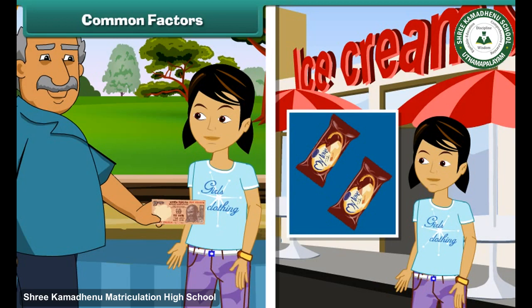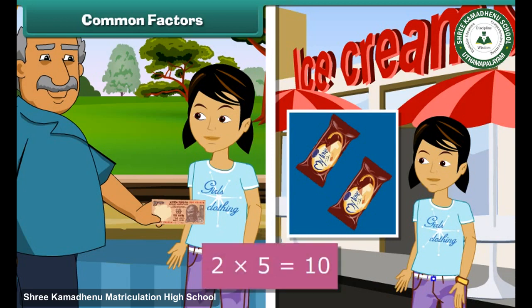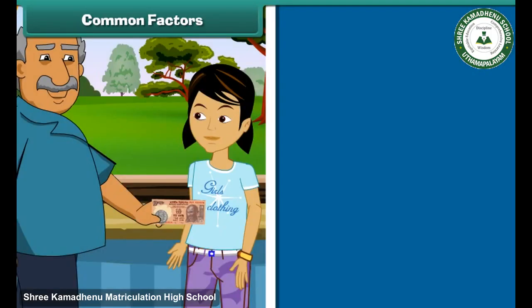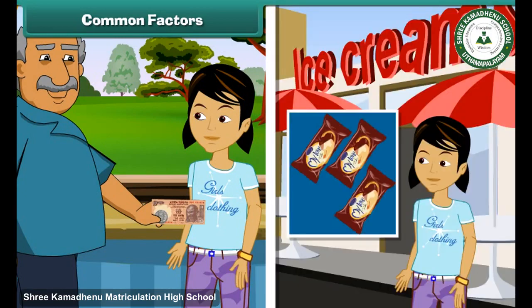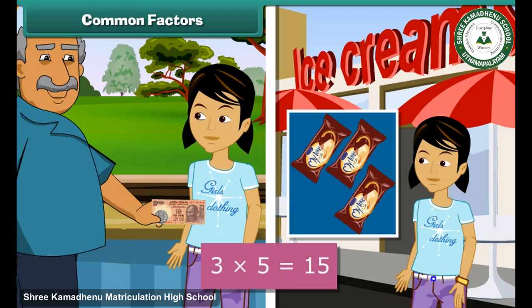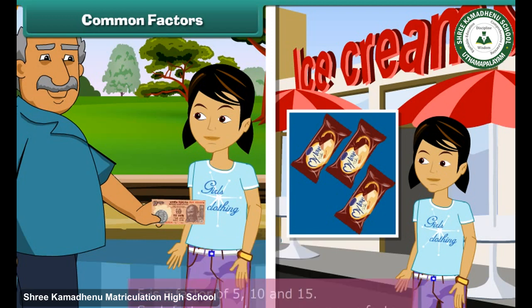We can express it as 2 multiplied by 5, that is equal to 10. Next week, he gives her 15 rupees. She decides to buy 3 orange bars. We can express it as 3 multiplied by 5 is equal to 15. It is clear that 5 is a factor of 5, 10, and 15. Such factors are known as common factors.